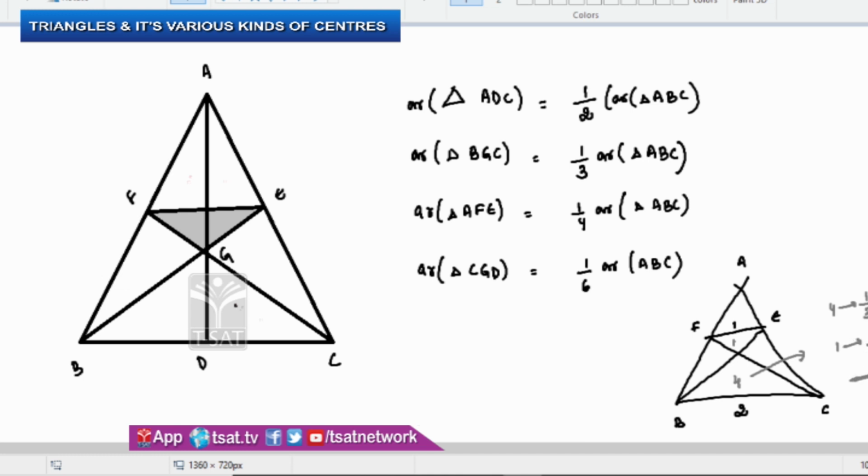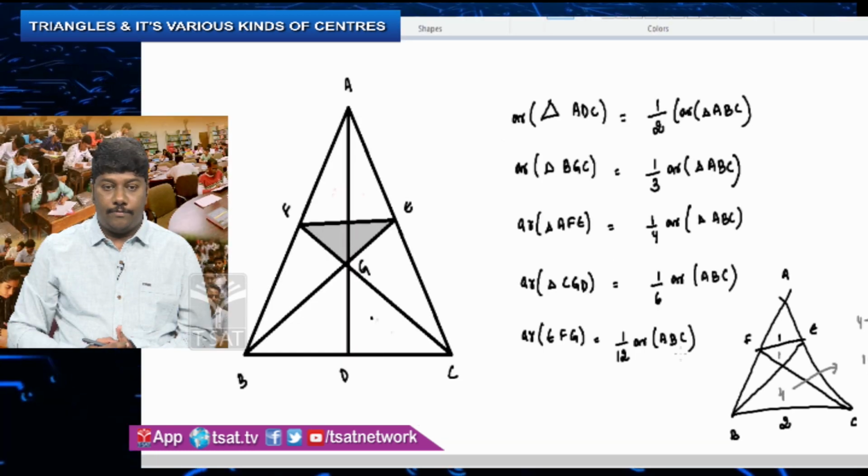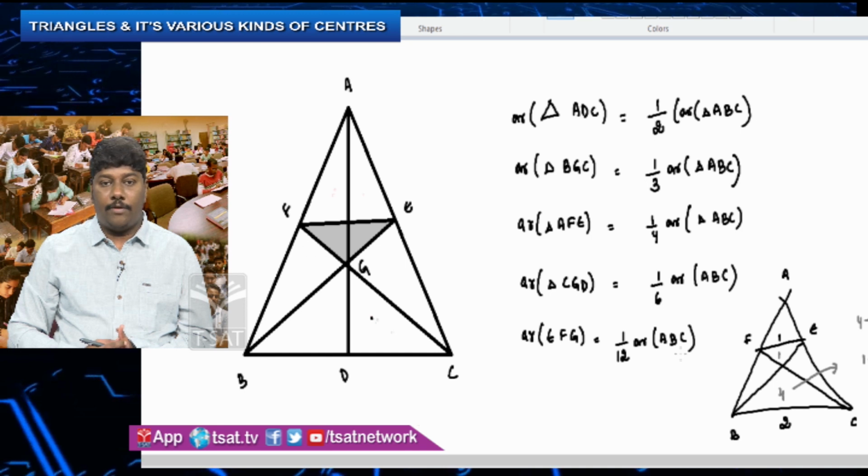Therefore, the area of EFG becomes 1/12 of the area of ABC.